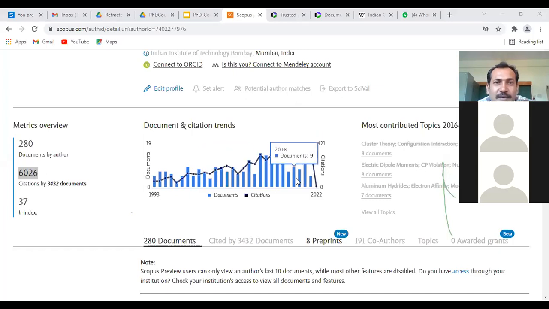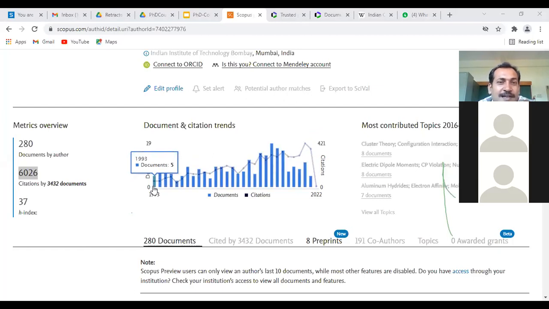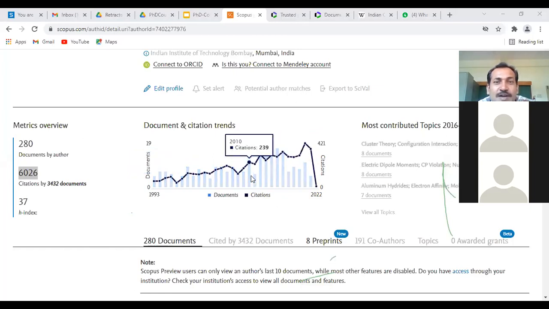Okay. If I see, we will have the number of research papers. Now here, if you see the bar diagrams, these are the number of research papers published in 1993. The bar diagram shows the number of research papers published in one year. So this particular person has published 5 documents in 1993. If I see this particular year 2010, he has published 12 documents.